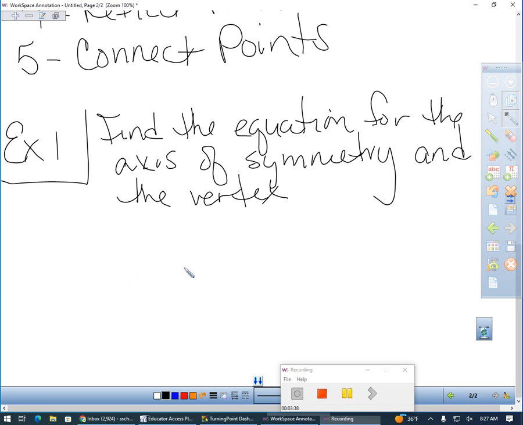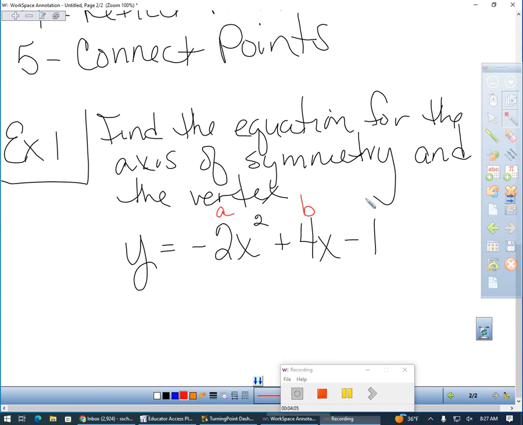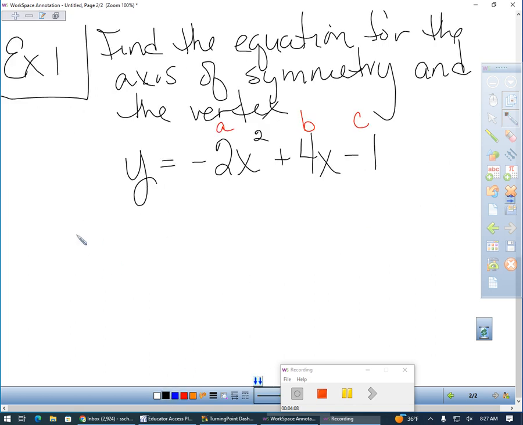All right, so let's say I have y equals -2x squared plus 4x minus 1. First of all, remember that this is ax squared plus bx plus c. To find the axis of symmetry, we do x equals -b over 2a.